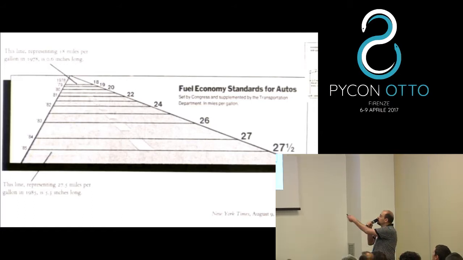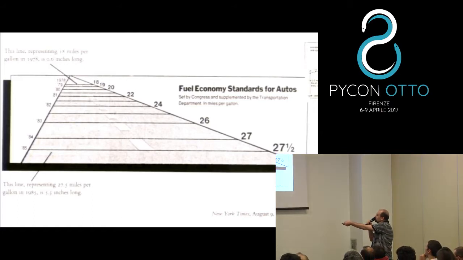The first line here, representing data in 78, corresponds to a value of 18. The last data, corresponding to a value of 27.5, looks way larger. But why? Only because the perspective is fooling you.